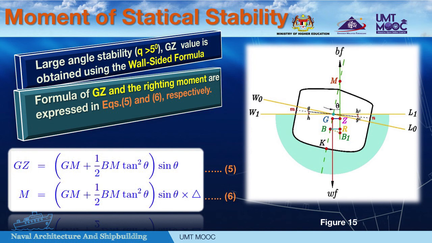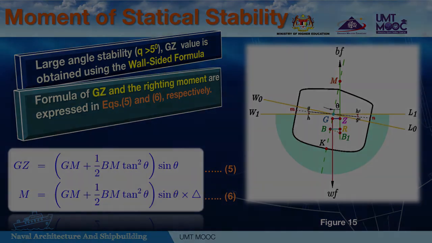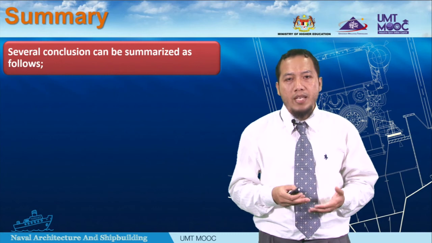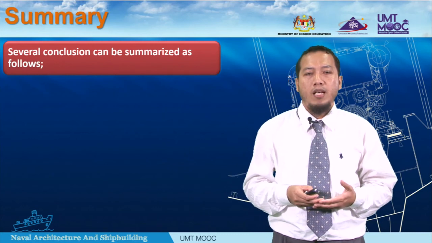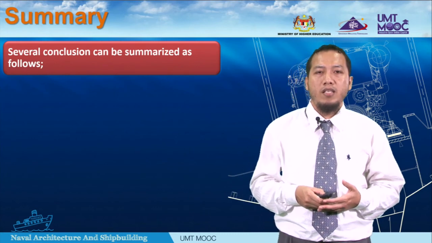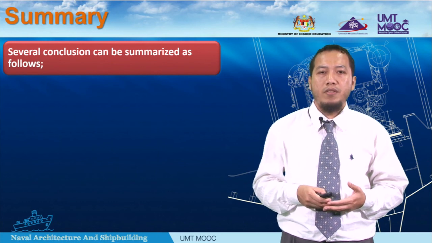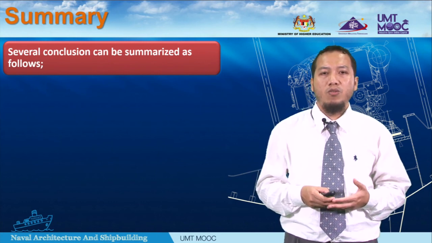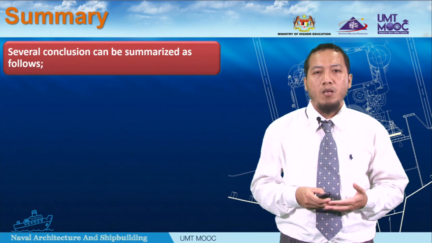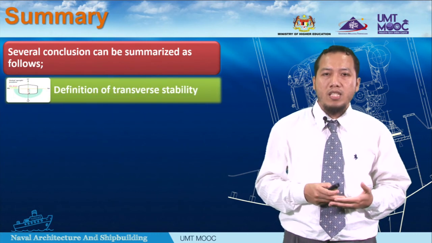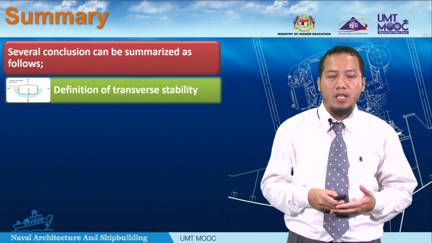Dear all students, I do hope that this lecture provides a lot of insight into understanding several basic terms on transverse ship stability. And before we complete the first part of this topic, let me summarize several conclusions with reference to my explanation regarding the first learning objective. First, what is the definition of transverse stability?